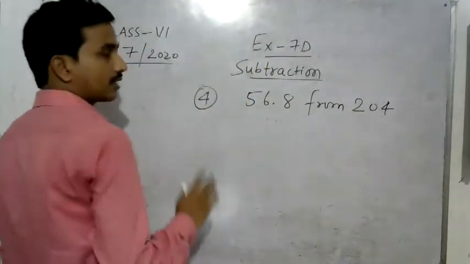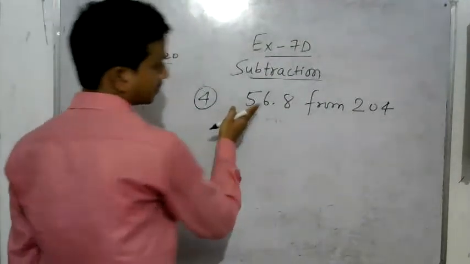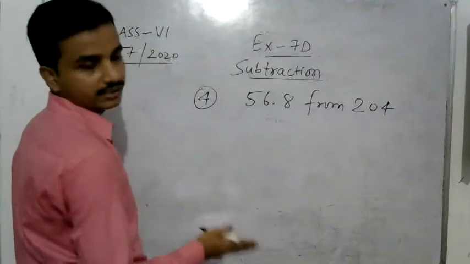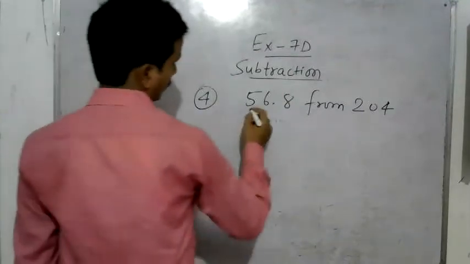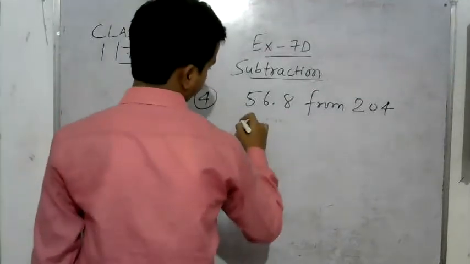So this is an unlike decimal. Our first step is to convert this unlike decimal into like decimal. How will we convert it? By adding an appropriate number of zeros.